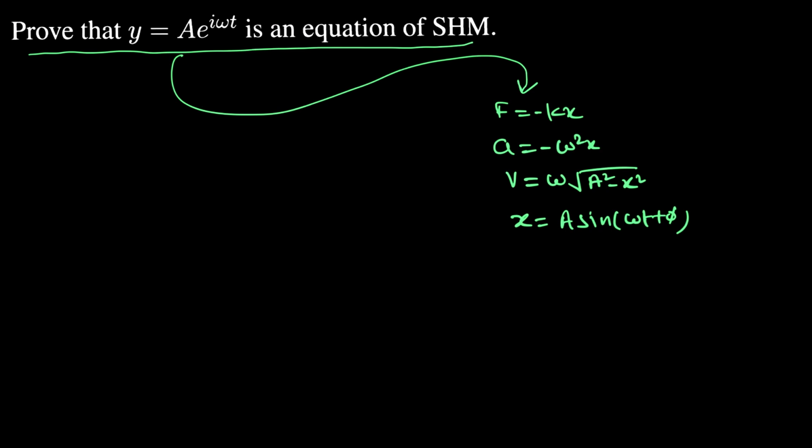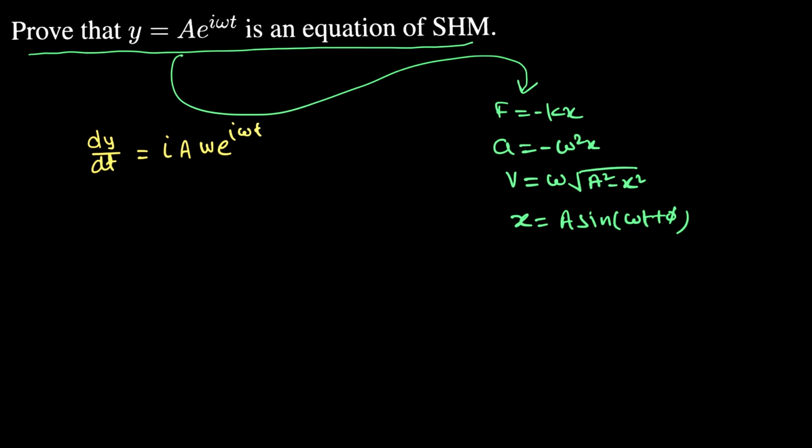Now, if I differentiate this equation once, I get dy by dt equal to i omega a e power i omega t.